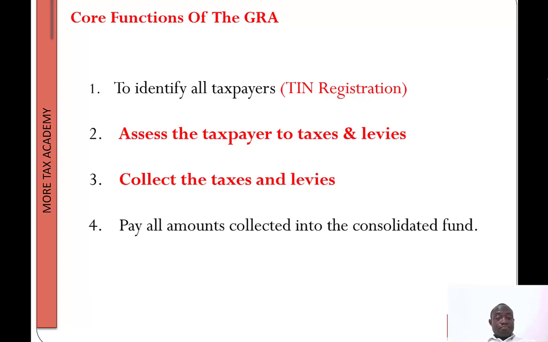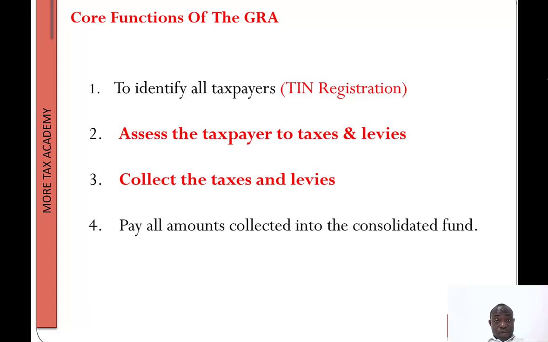The GRA's, if you look at section 3, a number of objectives or functions have been stated, but I want us to summarize it for purposes of this lecture or this exam. So I want us to look at 4 core functions. So the GRA core function, one of it is to first identify all taxpayers, and this we call the TIN registration or tax identification number.